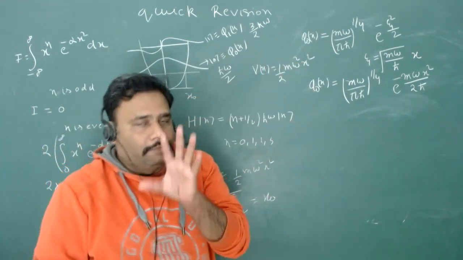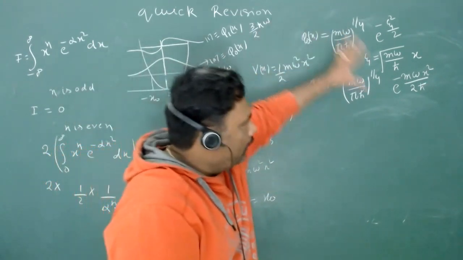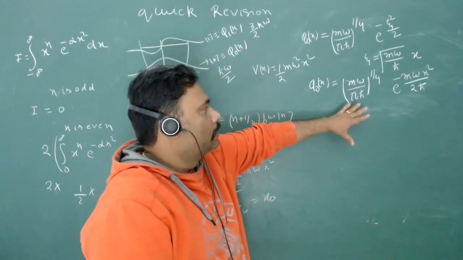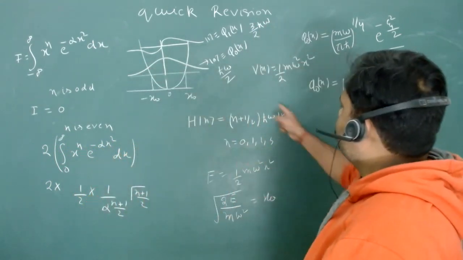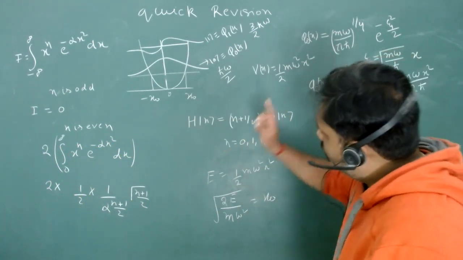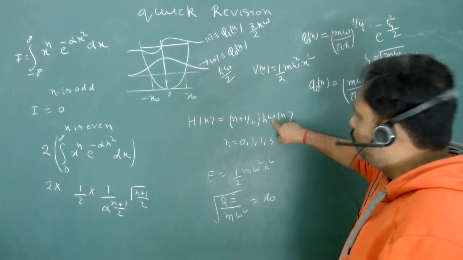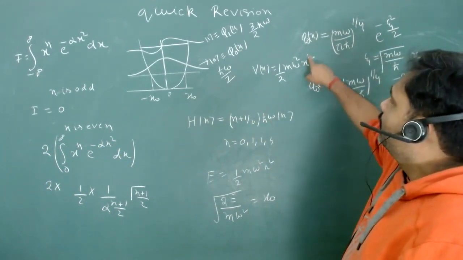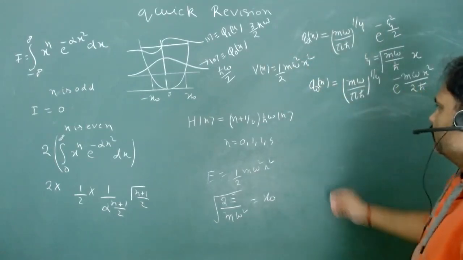In general, the trend is that they will write this thing in a different form, and you have to write the wave function into this form. So this is very important, and similarly you have to change this particular energy eigenvalue, and you should remember the harmonic oscillator energy eigenvalue is a function of omega, and this omega is comparable to this particular potential. So this is very important.